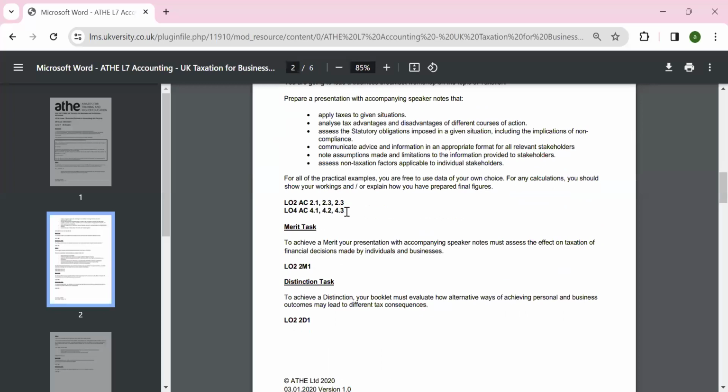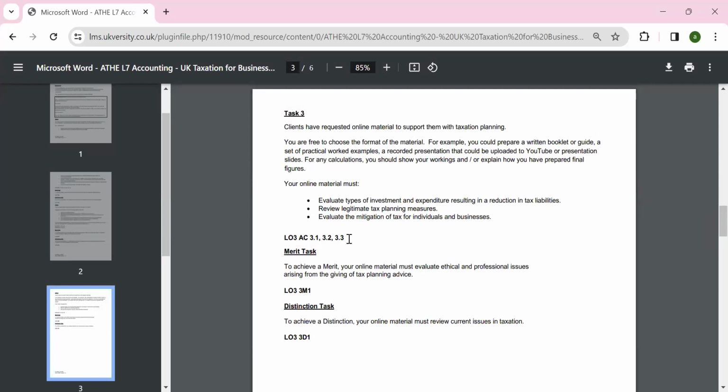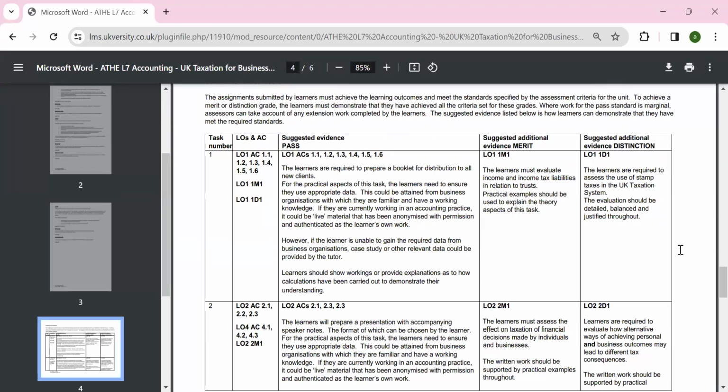We're not done with 4 yet; next week we'll do learning outcome 4, and 2 we did previously. Task 3 covers learning outcome 3, which we discussed today, investment and tax planning. All the bullet points are given as guidance within that template, so you can use that brief.